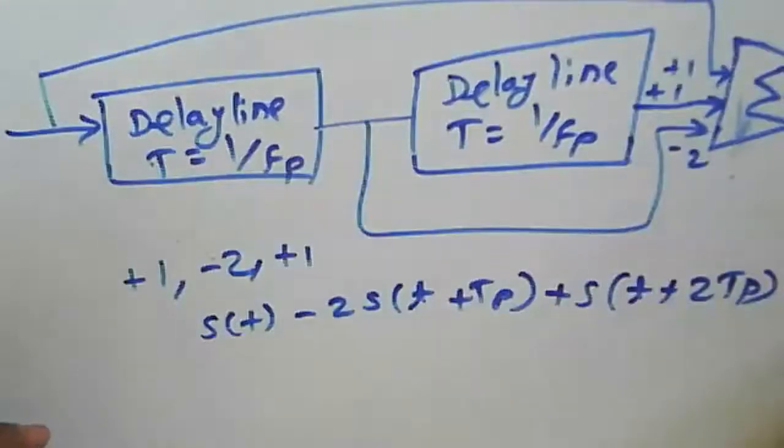So the clutter attenuation will be larger if we are using multiple nth delay line cancellers there.